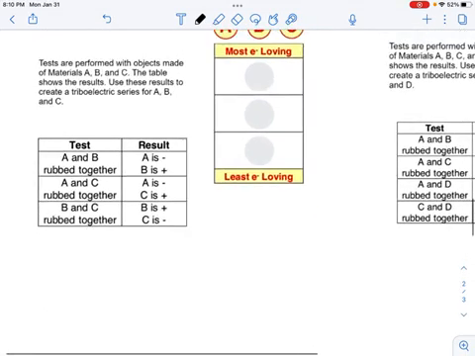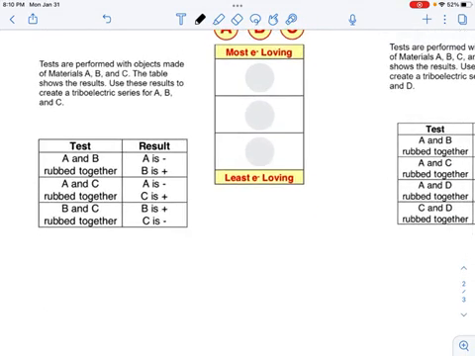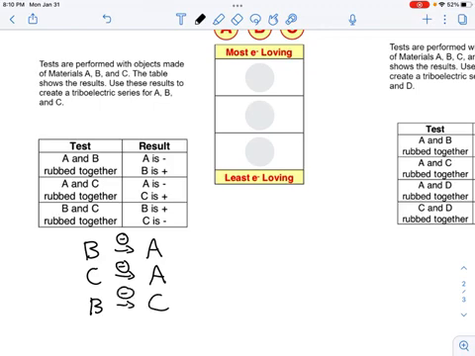So here's the results of the test. So A, when rubbed with B becomes positive. So B gives up electrons to A. A and C are rubbed together. C gives up electrons to A also. Now B and C are rubbed together. Then B becomes positive, so B gives up electrons to C. All right?